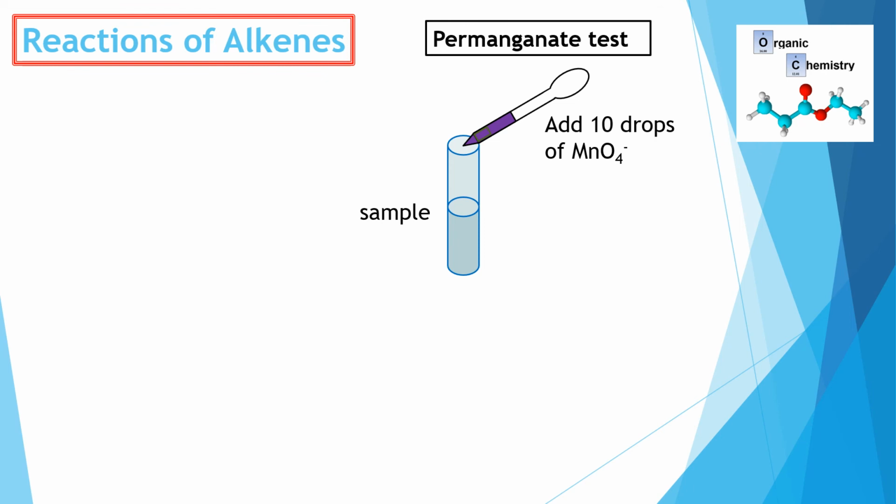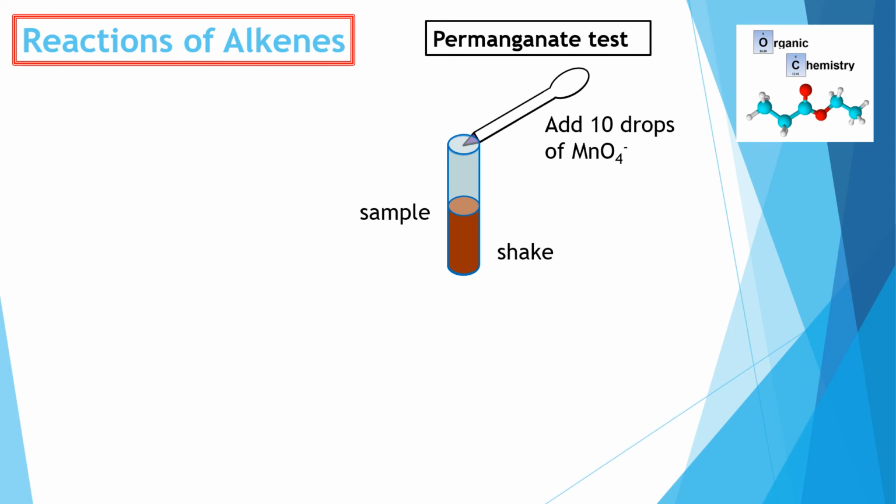Permanganate solution is purple. We add the 10 drops, we give it a shake, and it goes brown, almost in 10 seconds. So that's the distinguishing test for an alkene.